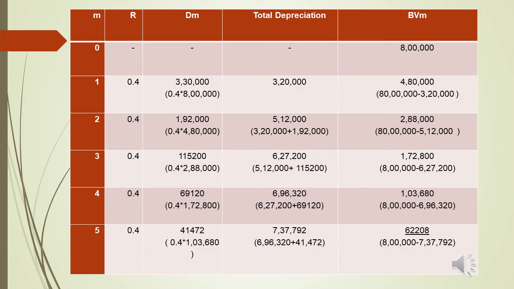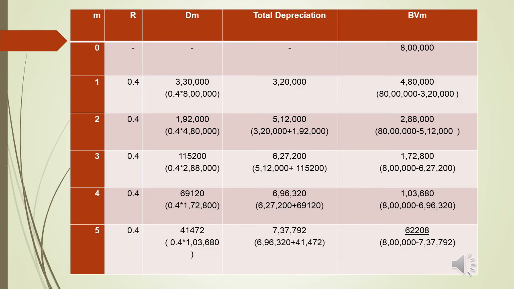Now we know the value of R, which we found with the formula 2 by N in the previous slide. We got 0.4, so I will write 0.4 for every year from 1 to 5: 0.4, 0.4, 0.4, 0.4, 0.4.